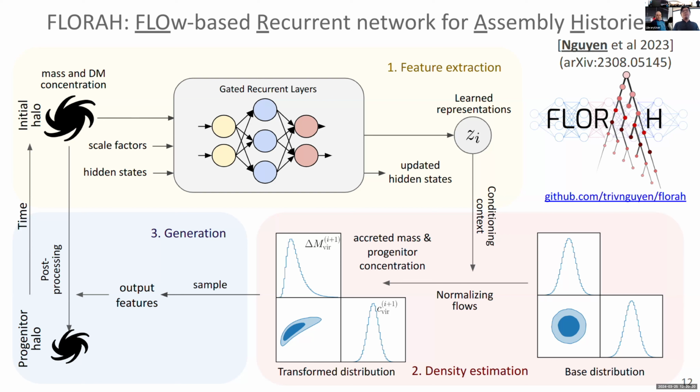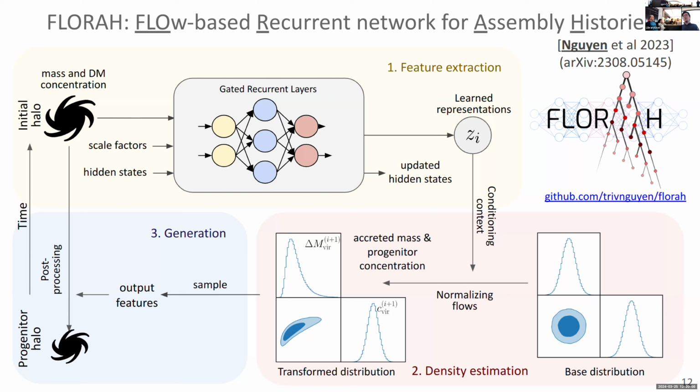So the redshift is not the conditioning that goes as input to the model, right? The redshift also goes to the recurrent neural network. The recurrent network takes the scale factor as input. And because of the way you subsample the redshift, it gives some flexibility to interpolate between the redshifts. So it can generate the progenitor assembly history on a higher time cadence.